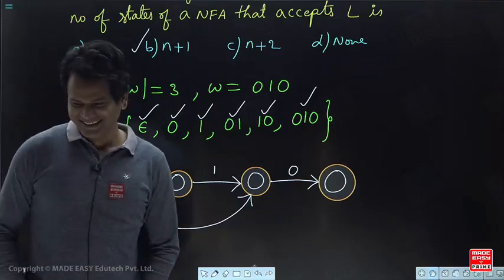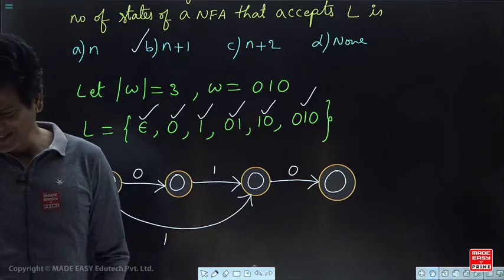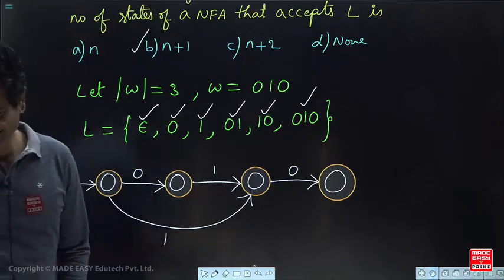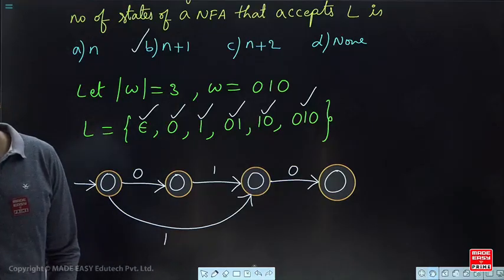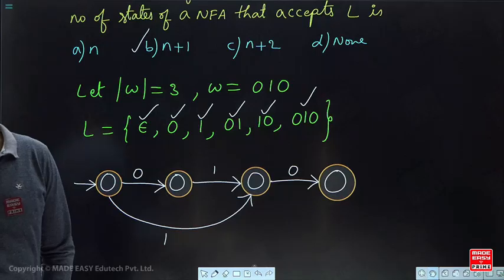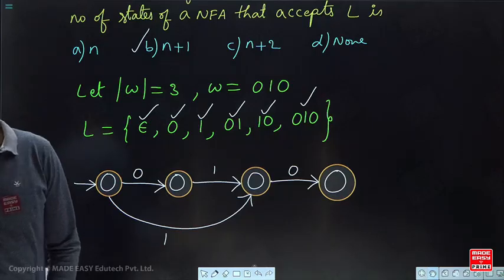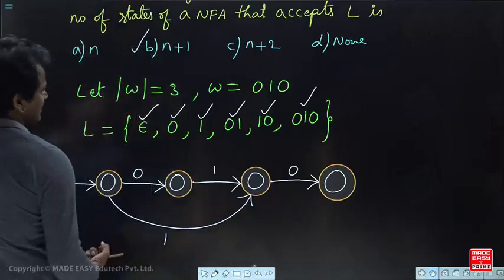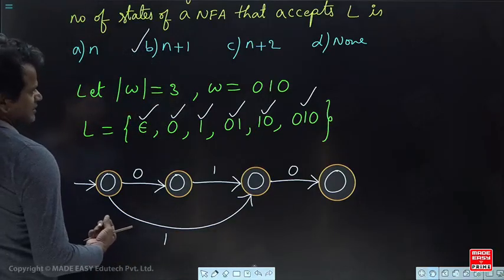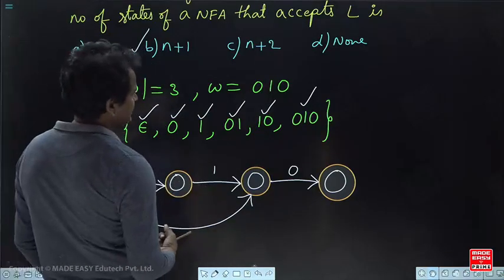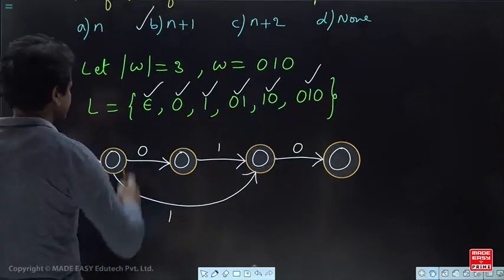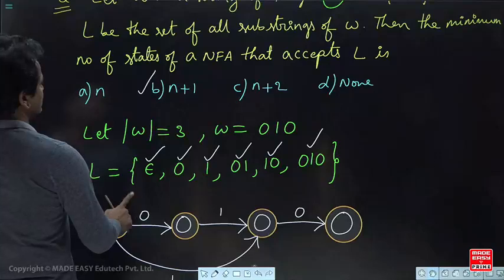Alphabet is always single. One means one symbol. It can be a string, a combination of alphabets. Let's go on.